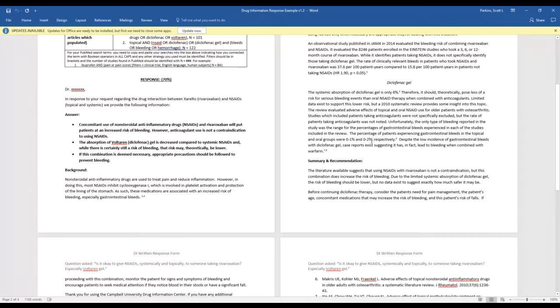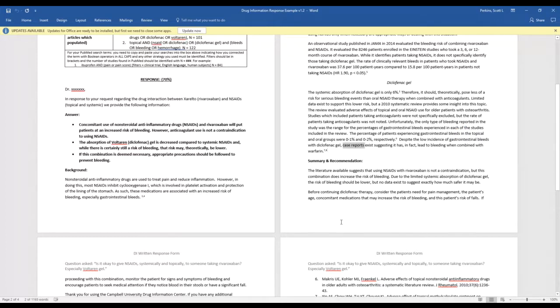So you want to make sure that you're interpreting systematic reviews appropriately, and you're not being potentially misled by things like ranges of adverse effects. So be cautious of that. Then I go on to say, despite the low incidence of GI bleeds with diclofenac gel, which is 0 to 1%, case reports exist suggesting it has, in fact, led to bleeding when combined with warfarin.